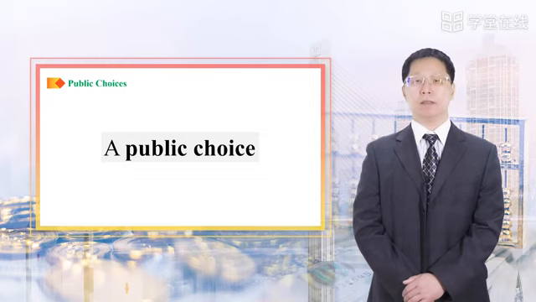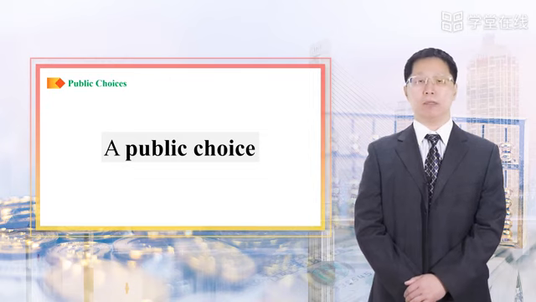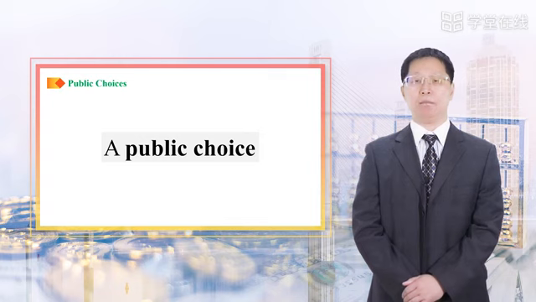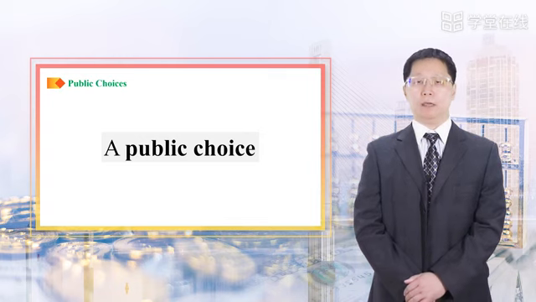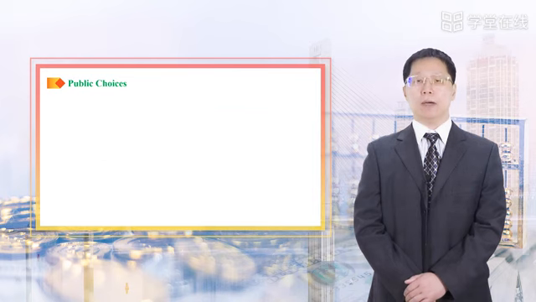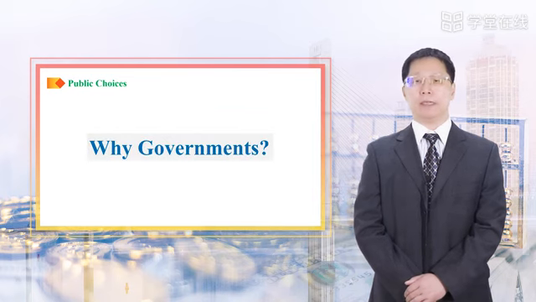Some of the things we care most about are decided by people making public choices, and very large quantities of scarce resources get used as a result of these choices. Why do governments allocate large quantities of resources? Government exists for 3 major reasons.